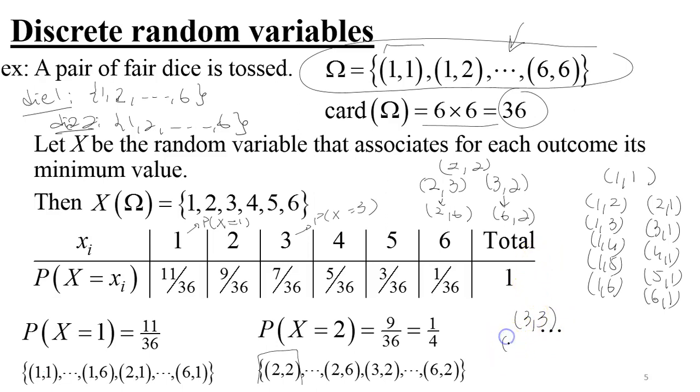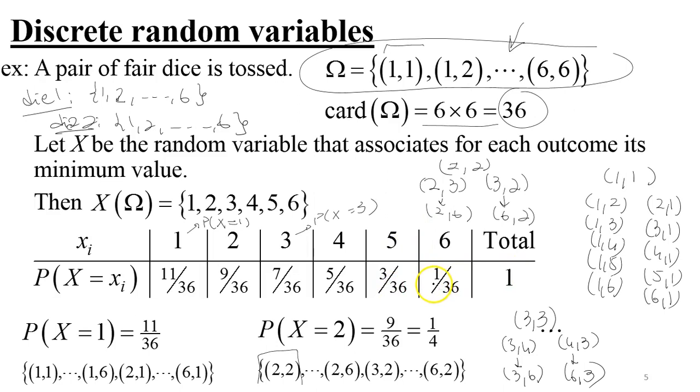And then for the rest of them, the ones that are found twice with the order flipped, that'd be 3, 4 all the way to 3, 6, because 3, 2 would have a minimum of 2, and then we'd have 4, 3 all the way to 6, 3. These are 3 each, so that's a 6 plus 1, so that's a 7. And then you'd count all of them, and then you'd basically determine the probability of each of the rest similarly.